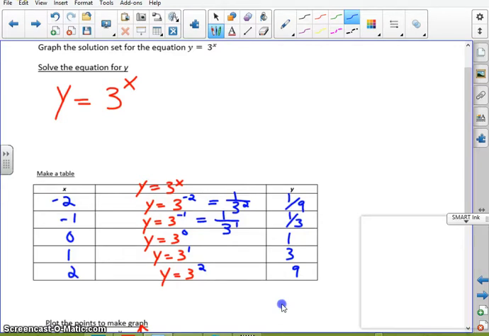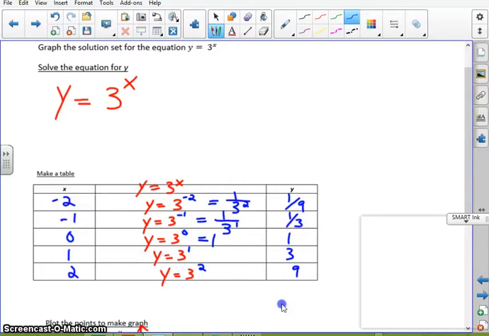Anything raised to a 0 power is simply 1. So when x is 0, my y value is 1 for this equation. Likewise, when x is 1, my y value is 3. When x is 2, my y value is 9.